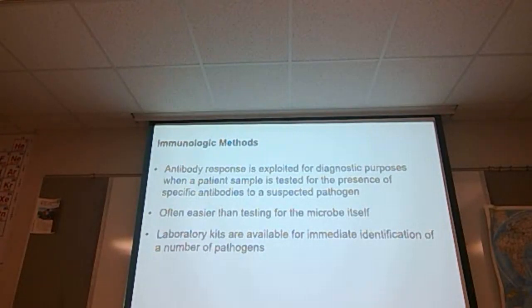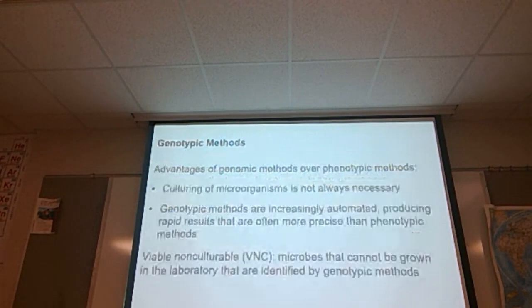In these types of tests, you're not actually looking for the microbe itself. You are looking for the body's or the cell's response to that microbe. Laboratory kits for these types of tests are available for immediate identification for a number of pathogens. Possibly you've been to a clinic and had what was referred to as a rapid strep test done. A rapid strep test is an example of an immunological test.